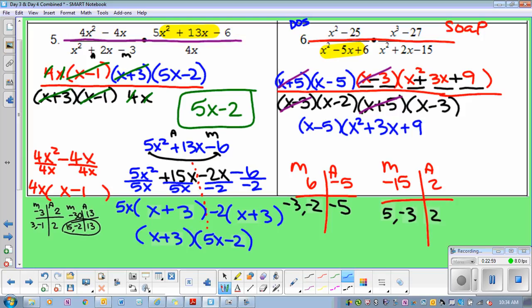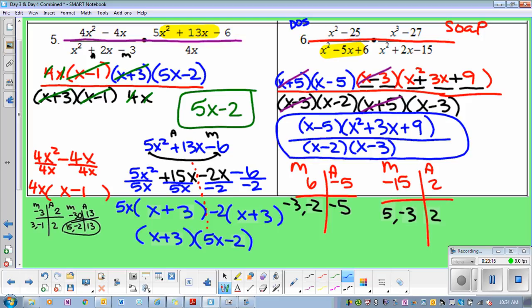And remember, if you get a trinomial from your SOAP factoring, you can't factor it anymore. That trinomial is prime. That's what we have.